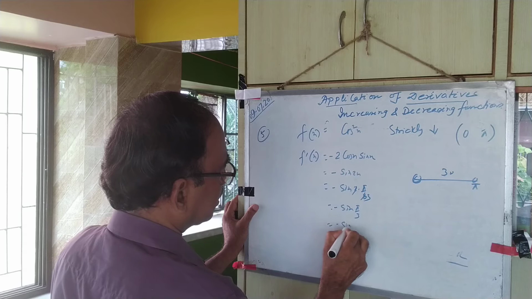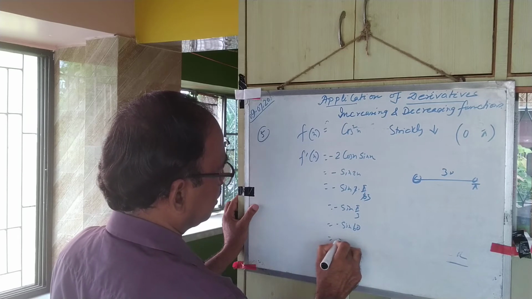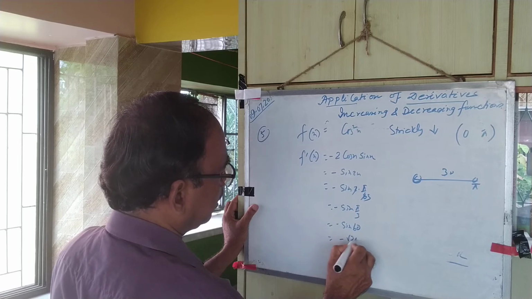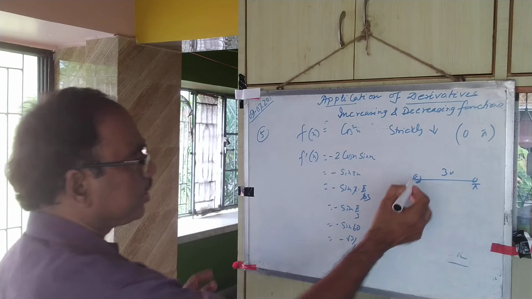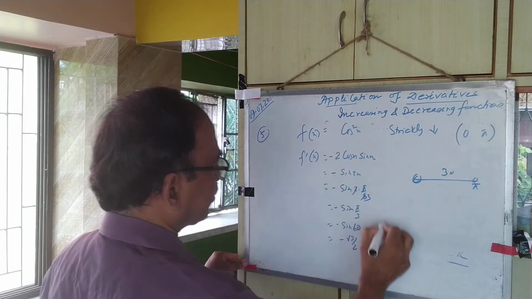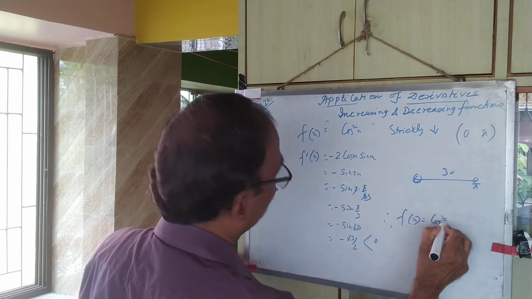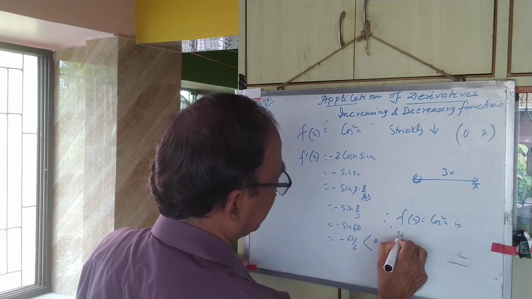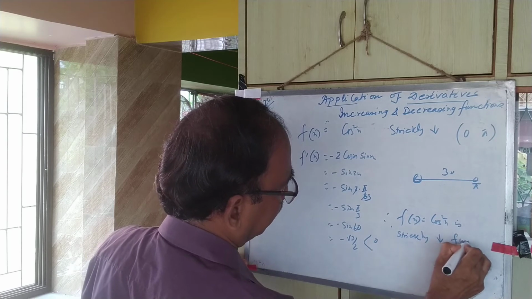That is minus sin 60 degrees, and sin 60 is root 3 by 2, so it is less than 0. Therefore it is a decreasing function. Within this interval f(x) equals cos square x is a strictly decreasing function.